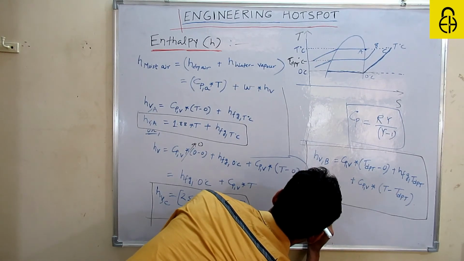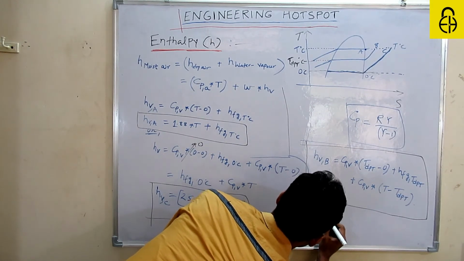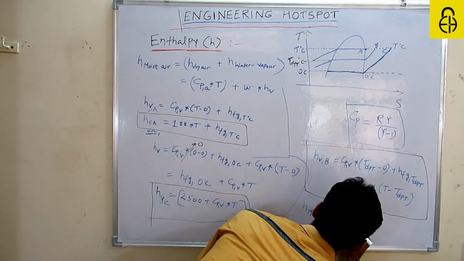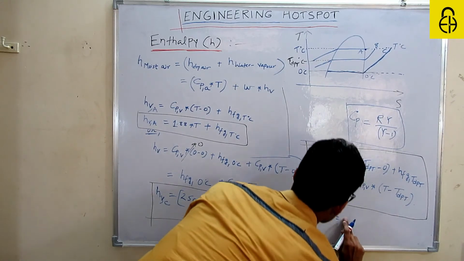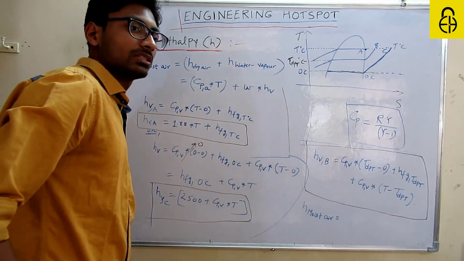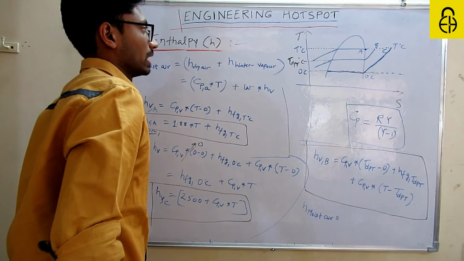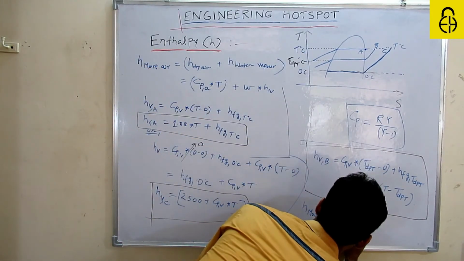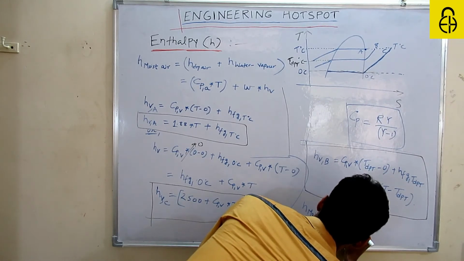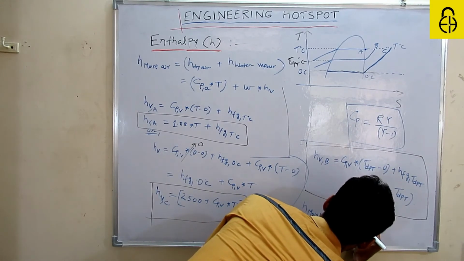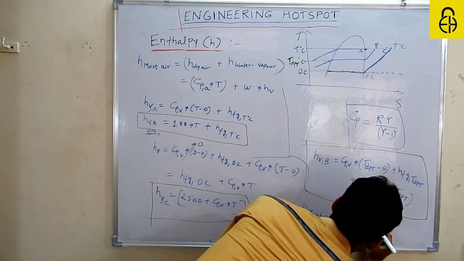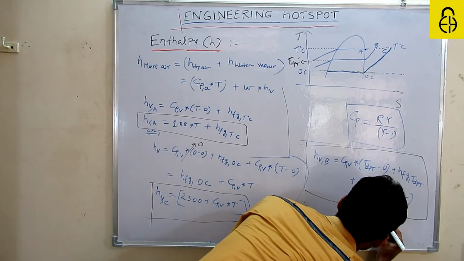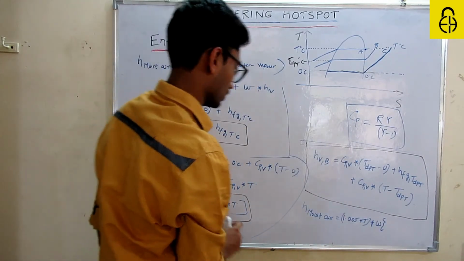Then in that case, enthalpy of moist air will be this part, Cp of dry air. What is Cp of dry air? Basically we take its value as 1.005 kilojoule per kg. So I will directly write 1.005 into T plus omega times this one.